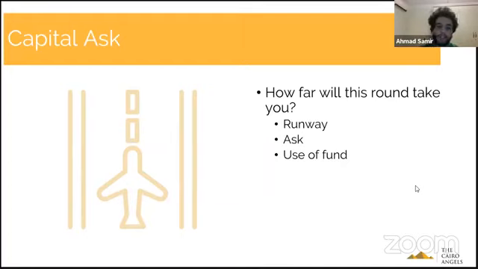And then you explain that through, for example, I've seen most of the startups I've seen have done a pie chart and just show that there. And runway, which basically means how much this ask will last you. So I'm going to do $100,000. I'm going to spread it out across 18 months. And then after 18 months, well, I'll raise another round of investment. And usually runway is between 18 to 24 months.